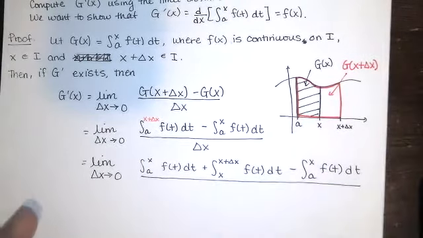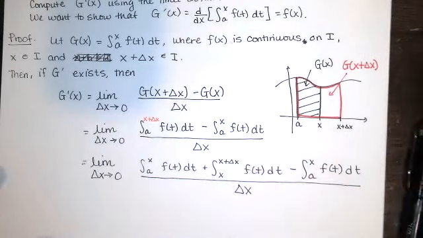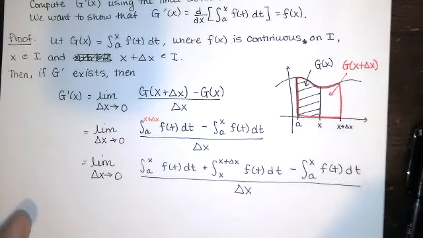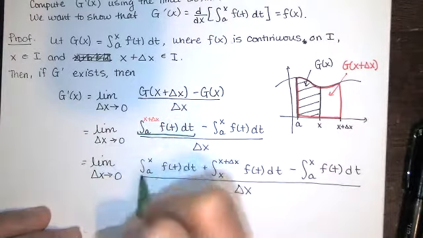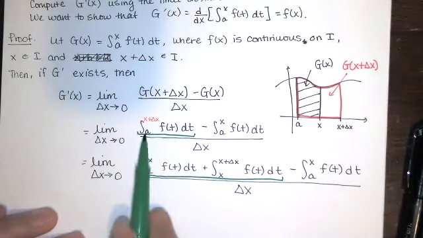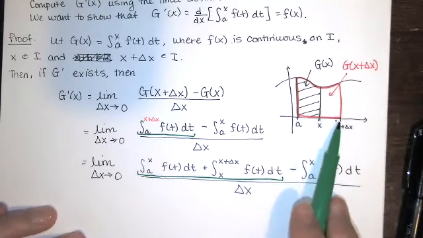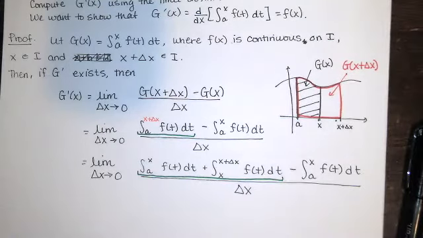And it actually makes a lot of sense visually as well. All I've done so far is I've taken this piece right here and I just replaced it with this. I'm saying the integral from here to here is the same as the integral from here to here plus the integral from there to there, which I think makes sense intuitively.